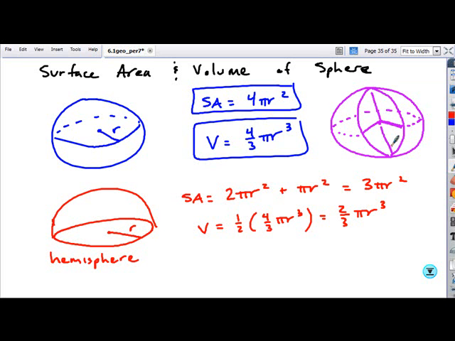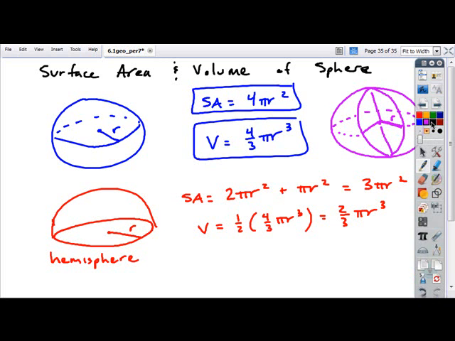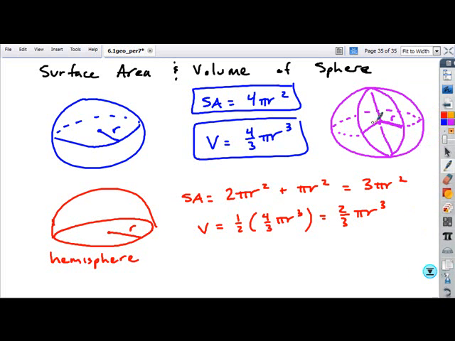So the last thing that you might see as a variation off of this sphere is a sphere with a slice removed from it. Okay, and if that's the case, you're still going to be dealing with a radius. But now you're also going to have to identify that there's a portion missing, or the angle that remains, this m value.